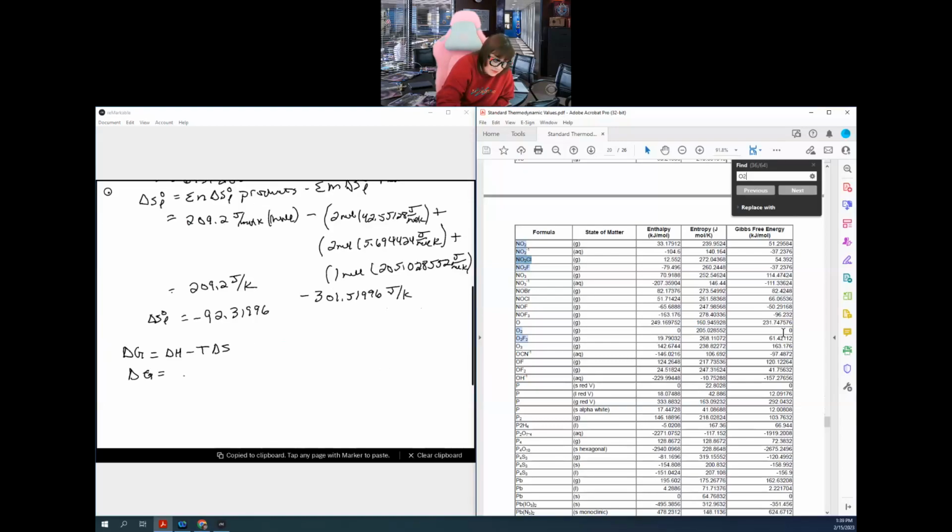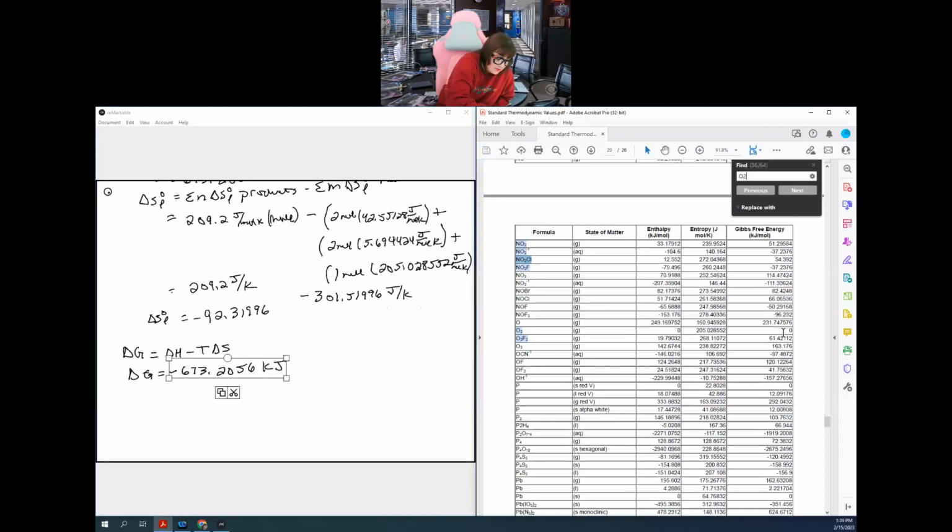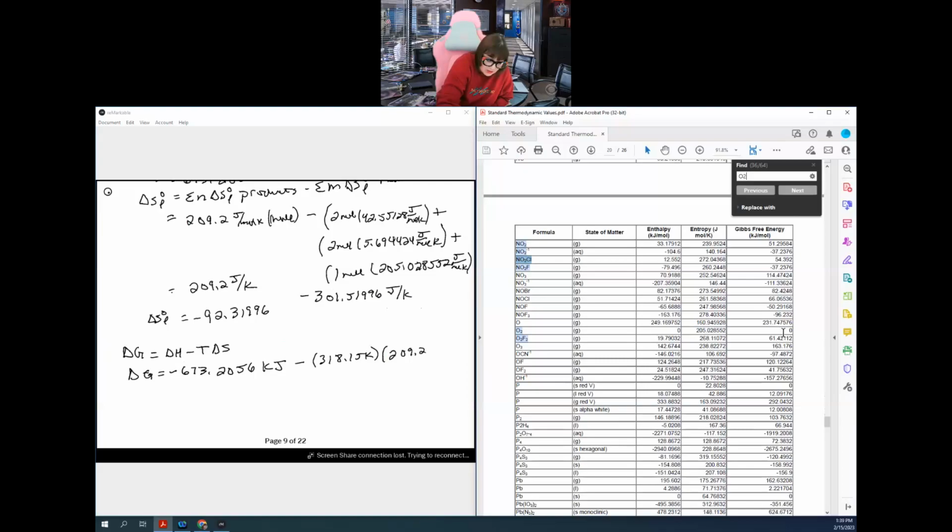I'm going to put that down here. Minus that 318.15 Kelvin times the delta S, which is 209.2 joules per Kelvin. So when I do that simplification, I get 673.2056 kilojoules.